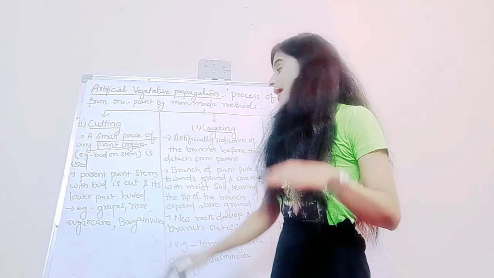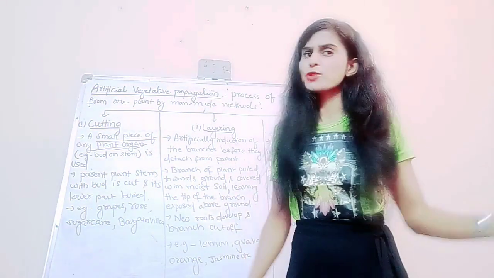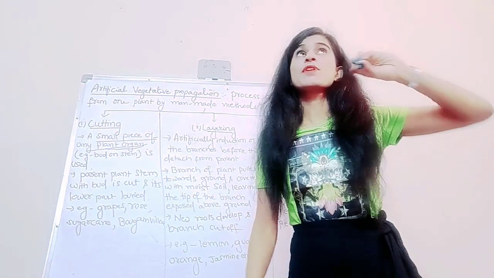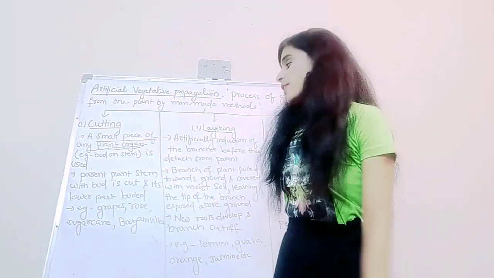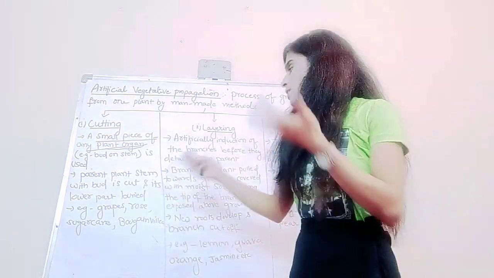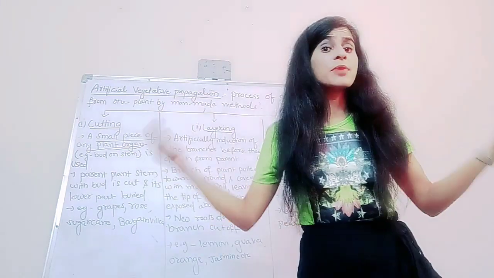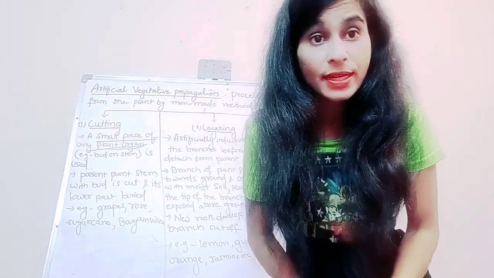Its lower part, the stem, is then buried inside the soil, and if you properly water it and it gets enough temperature, enough sunlight and everything, definitely we are going to have a new plant. It takes place in grapes, in sugarcane, in rose plant, in bougainvillea. So many plants are grown by this method called cutting.